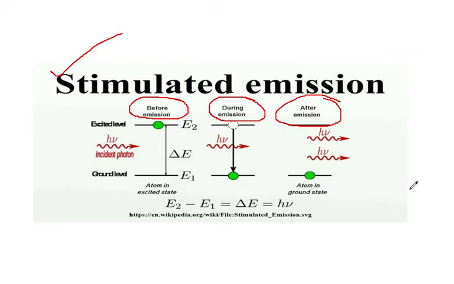The electron reaches an unstable energy band and it returns to its ground state within a very small time by releasing a photon. And this is called your spontaneous emission. Now if you look at this particular figure, the spontaneously emitted photon would have the same frequency as that of the exciting photon.